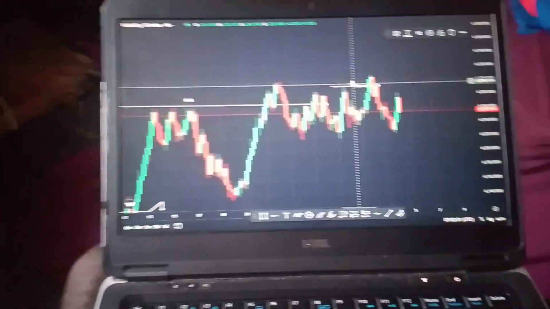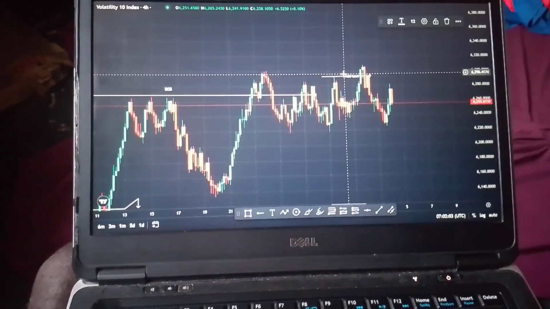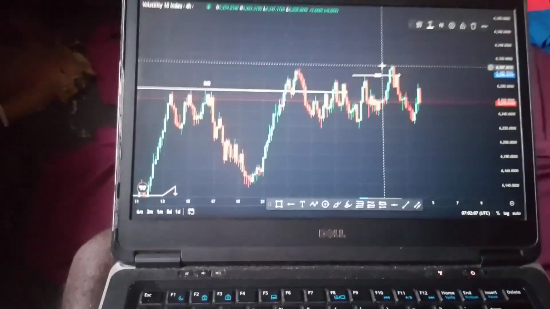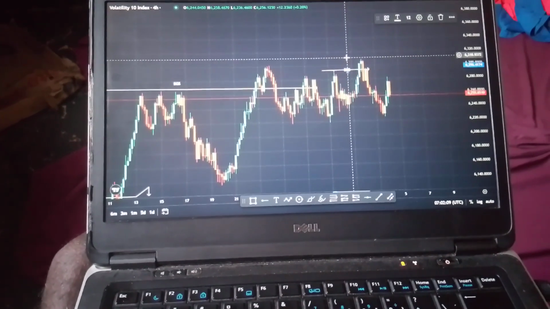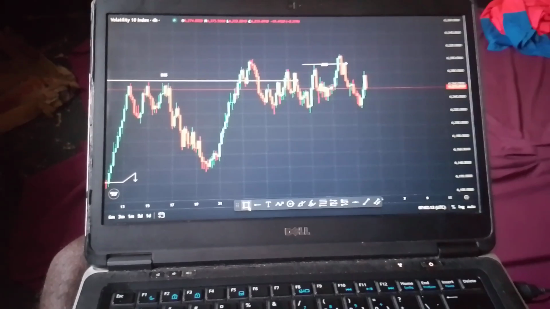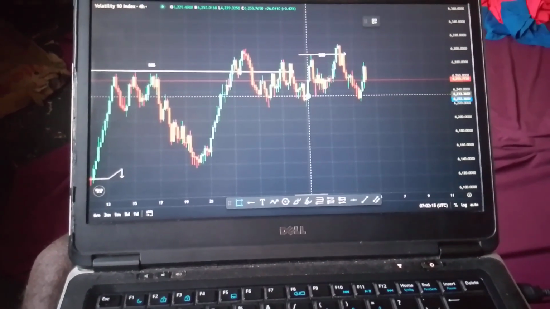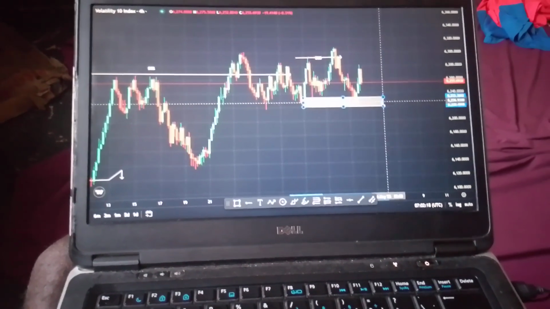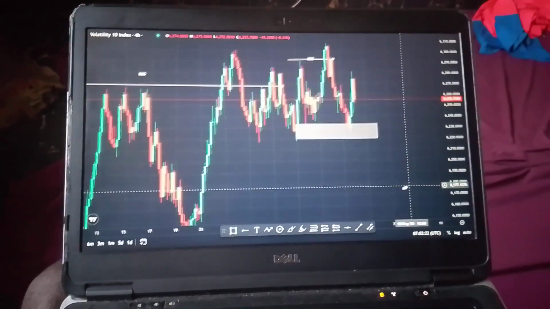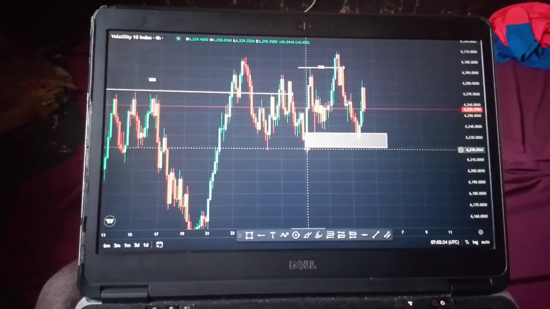So you expect price to come to a level of demand, which is this one. Price has come to that level, so you expect a push all the way to the upside.